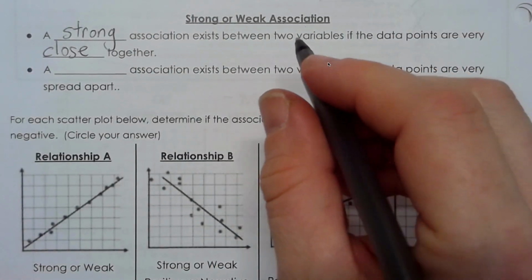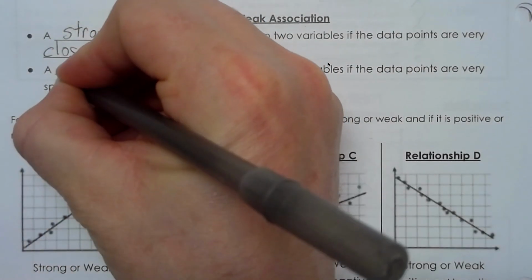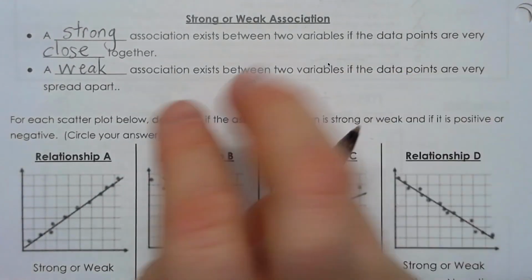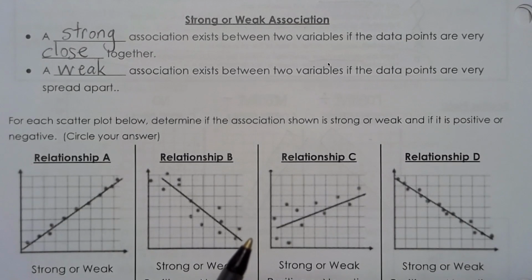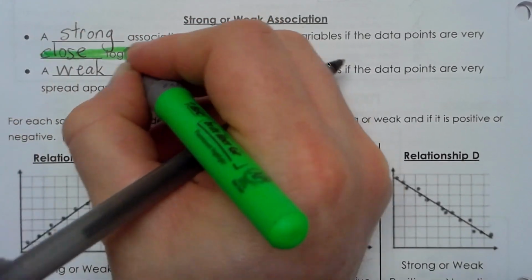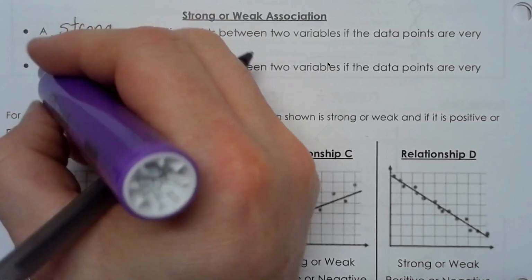The data points need to be close together for a strong association. If the association is weak, then the data points are going to be spread apart. So there's two situations: strong if they are close together, and weak if they are spread apart.